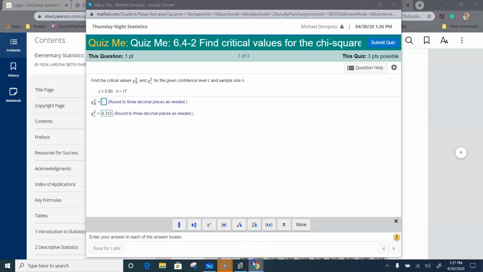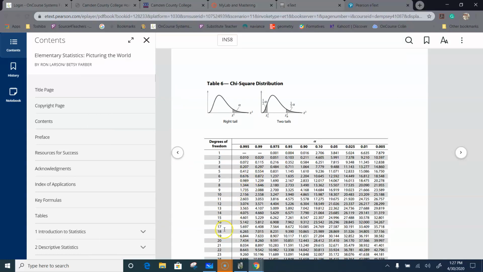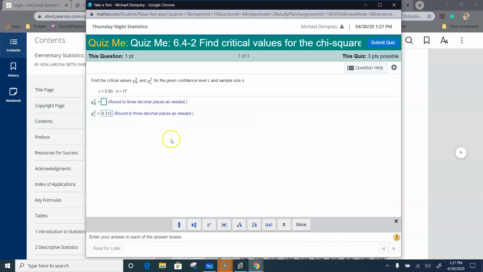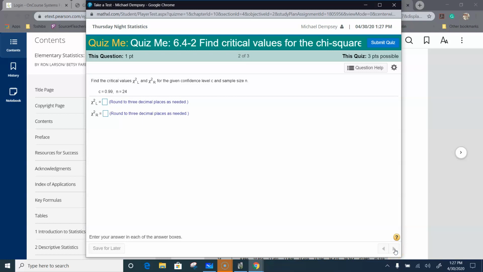And then chi-squared right, right next to it, 23.542. Okay. Same deal with this one, chi-squared left, chi-squared right.